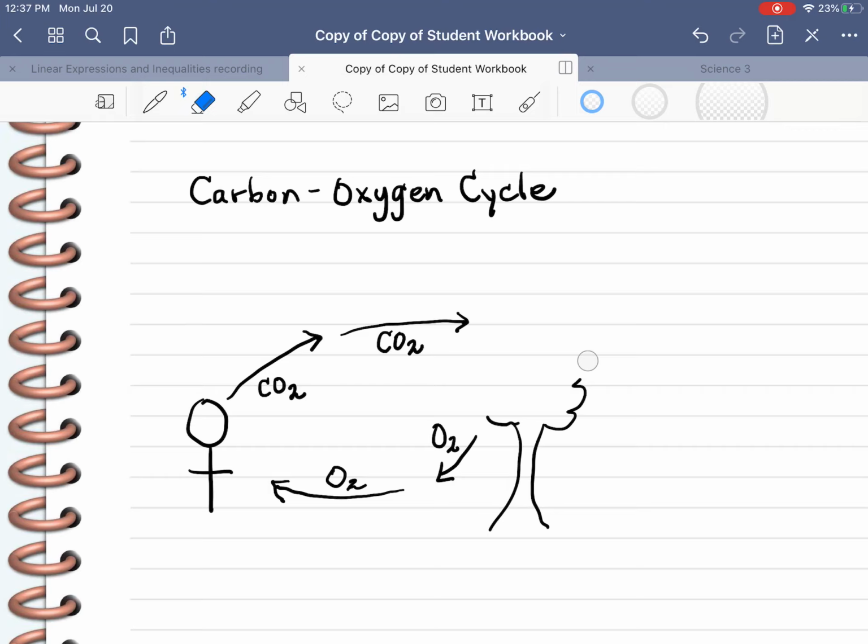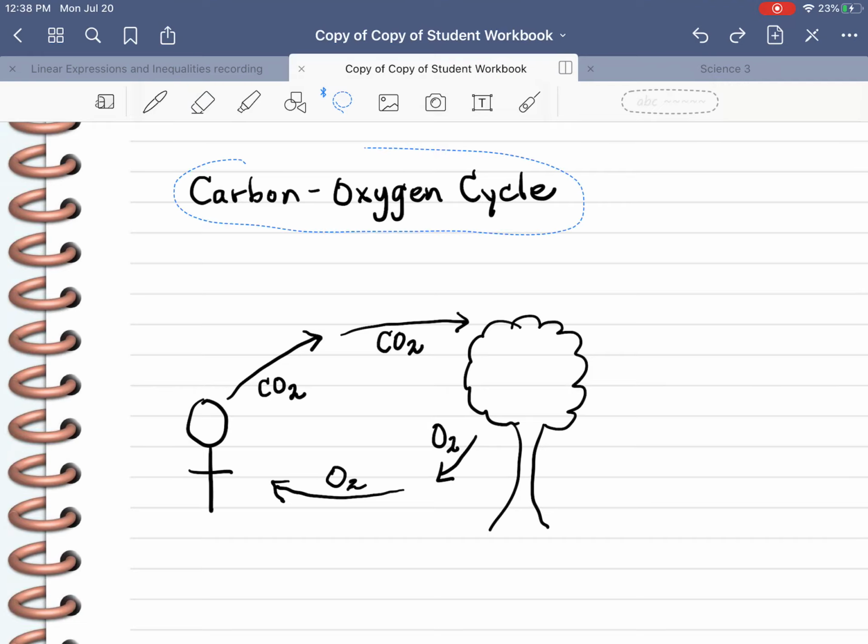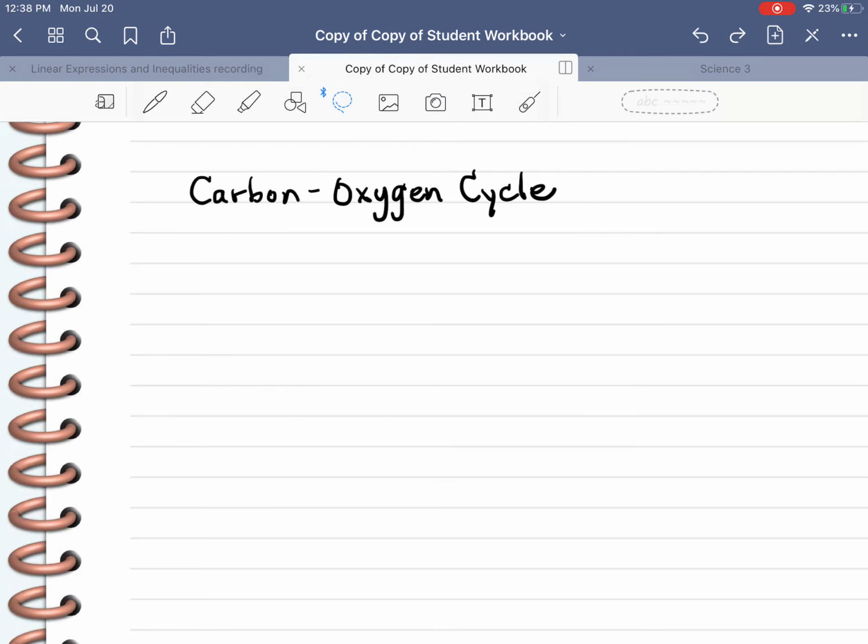If you remove the trees, the rainforest, the plants from this picture, that carbon dioxide has nowhere to go, and there's nothing producing oxygen. And that is not a good situation. So if you hear the expression or the statement that people and plants need each other, this is precisely why, because of this carbon-oxygen cycle.